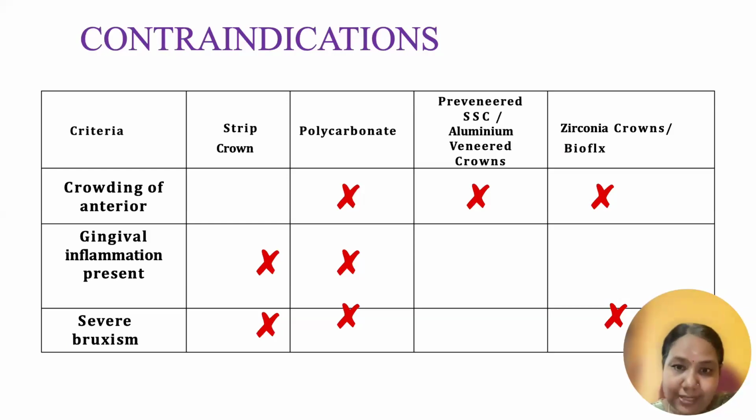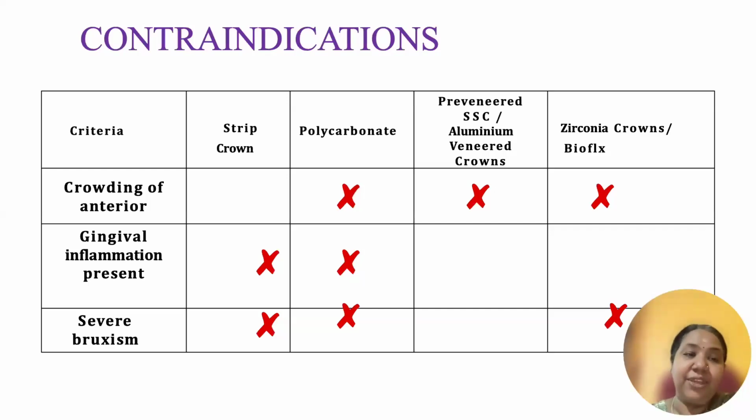So these are relative contraindications that we should keep in mind when we are planning an aesthetic restoration. For example, when there is gingival inflammation, or in a child who is a severe bruxer, we are not going to be giving a strip crown or a zirconia crown or a polycarbonate crown. In that condition, probably a pre-veneered stainless steel crown or an aluminium veneered crown would be a good choice.